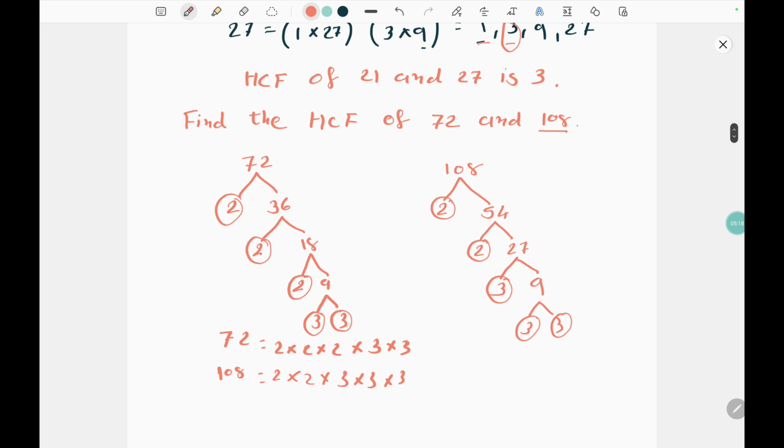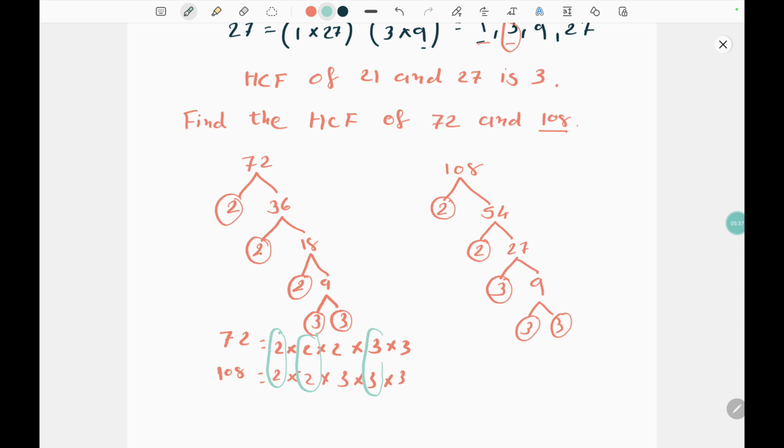Okay, now look over here very well. We are taking the numbers which are common factors from both. So 2 is one pair, another 2 is also a common factor. Okay, 72 has one more 2, but 108 has no more 2. So we can stop there.